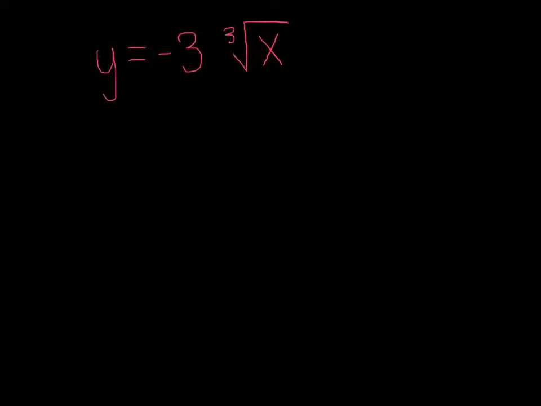Just like in the first function, we're going to start by making a table of values. For x, we're going to use the same numbers that we did in the last one that have perfect cubes and put those in the equation.